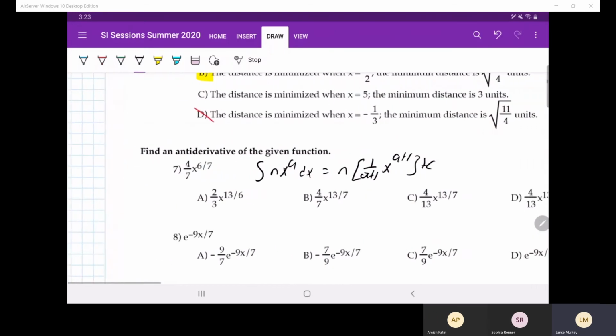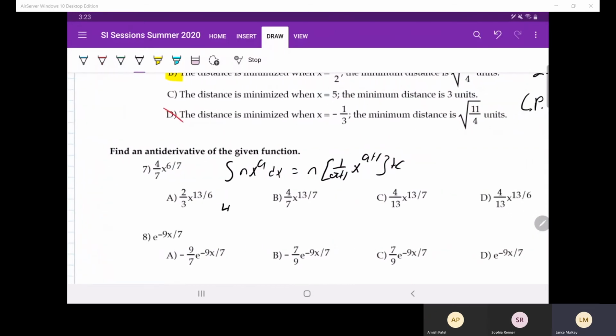So for this one, you have 4 over 7 times 1 over (6/7 plus 1) times x to the (6/7 plus 1).